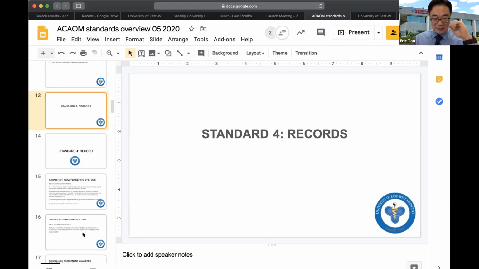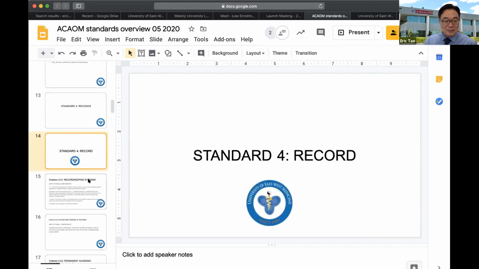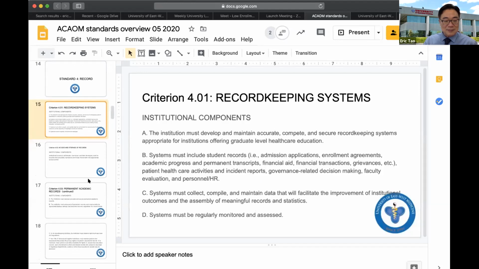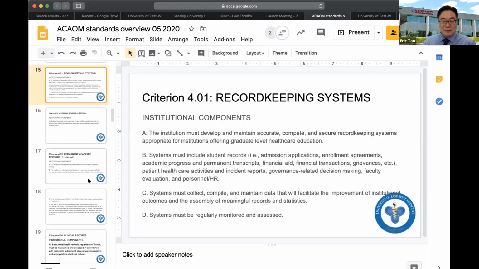Okay, thank you. So this standard 4 is talking about record keeping. Let me go down to slide 50. Our institution must develop and maintain an accurate, complete, and secure record keeping system. There is a lot of detail here.